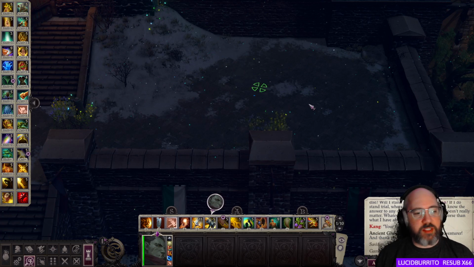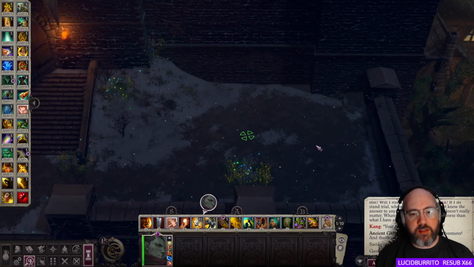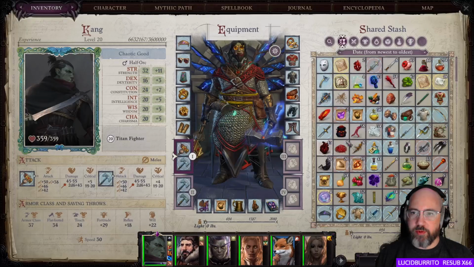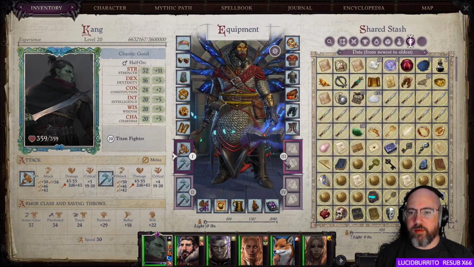We'll talk to him about his friend. We'll see if I have all the elven papers necessary to jog his memory. I have 2 or 3 of them, I think. Looks like I have 3.